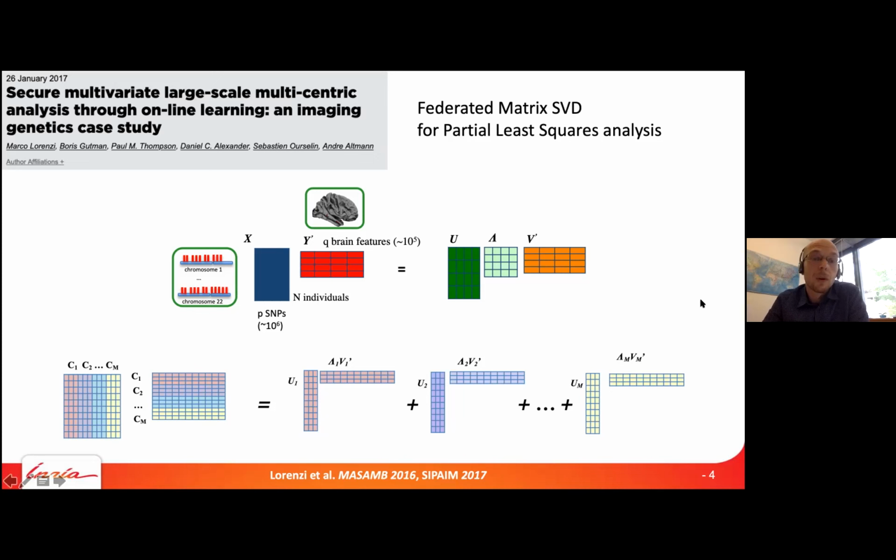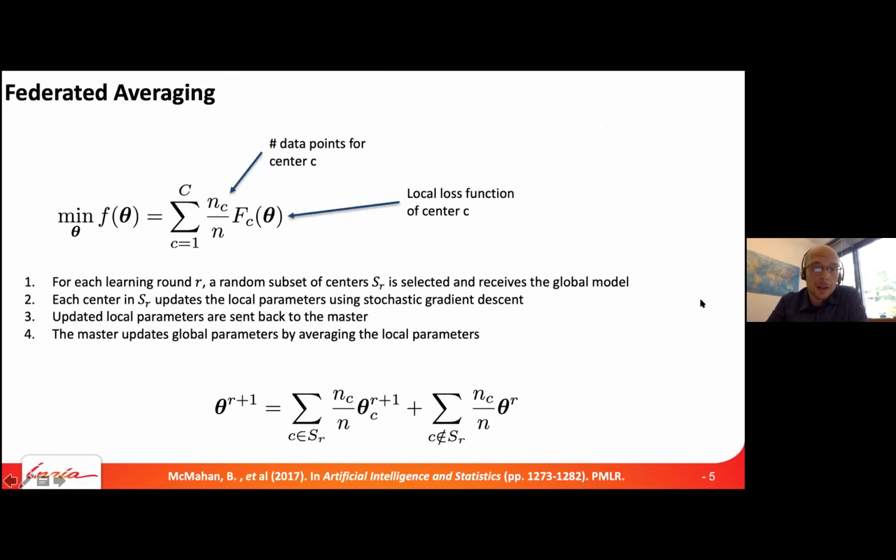So this was 2016. Then things evolved, especially the year after, McMahan from Google came with this approach called federated averaging, which was proposed for training neural networks. So here we're talking about way more complex models, so non-convex problems also. And the idea was very simple.